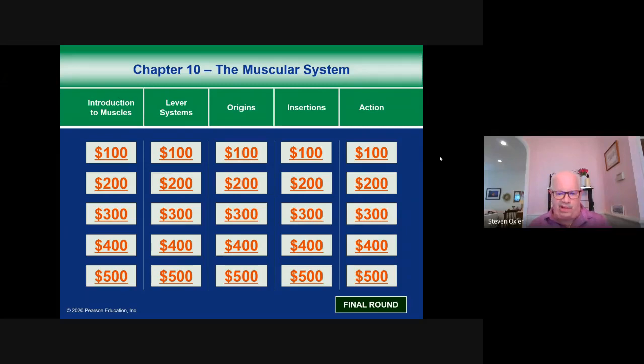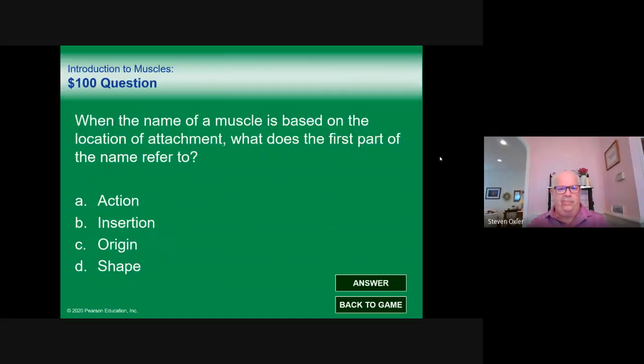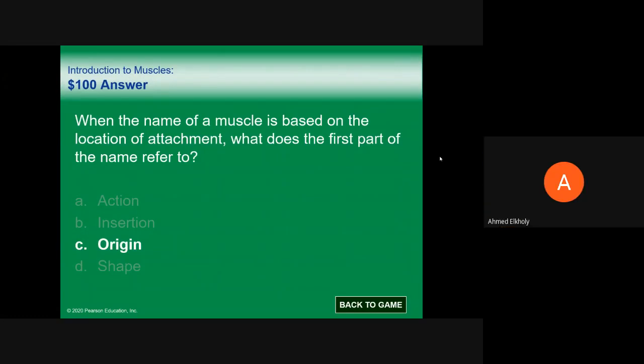groups of muscles. Okay. When the name of a muscle is based on the location of the attachment, what does the first part of the name refer to? Crickets. I hear crickets. The answer is B, origin.